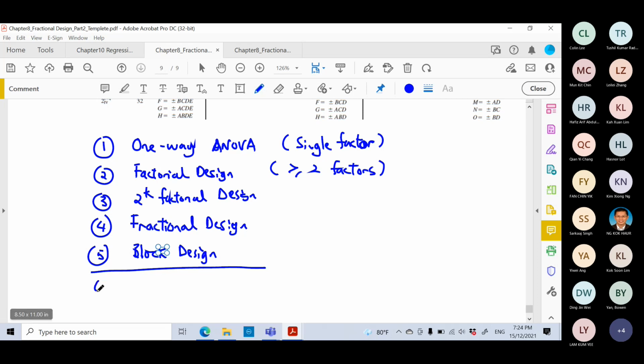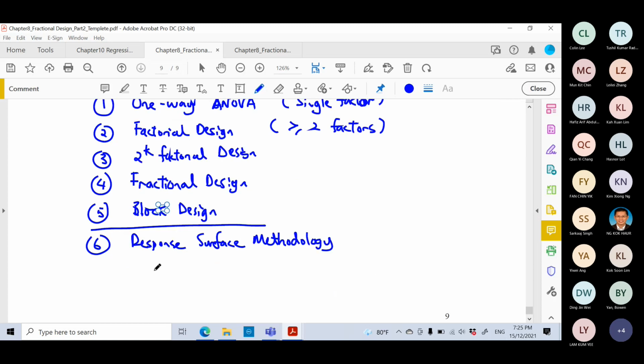The next one we will go through is the response surface methodology. It is related to the 2 power of k factorial design.